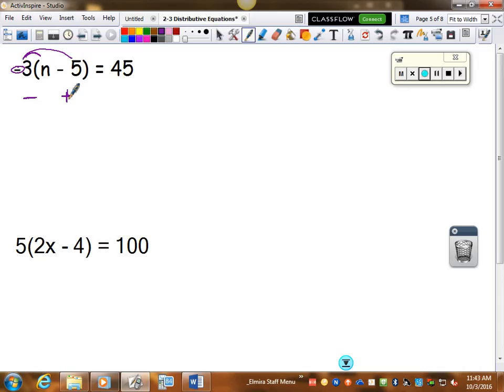Then we just have to focus on the numbers. 3 times n and 3 times 5. Or you can say negative 3 times n is negative 3n, and a negative 3 times a minus 5 is a plus 15. Whatever makes sense to you.